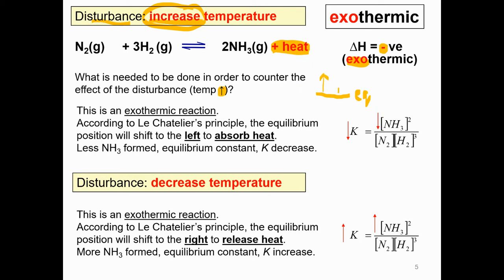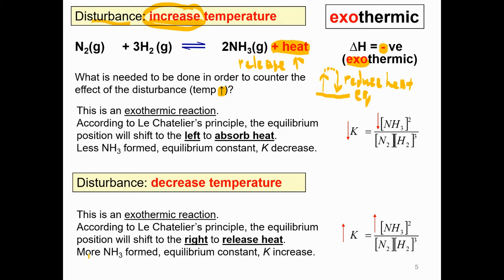When the heat increases, what do we need in order to get back to equilibrium? We need to reduce the heat. If we want to reduce the heat, look at which side can reduce the heat. Here it releases heat, because of the plus heat.